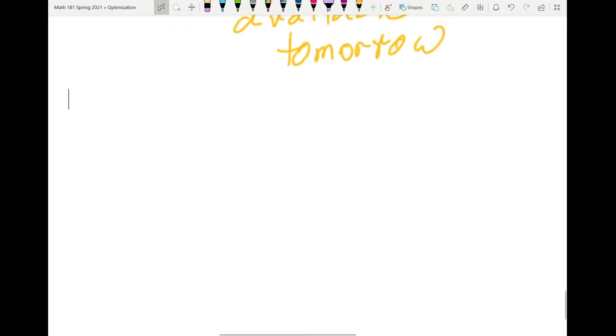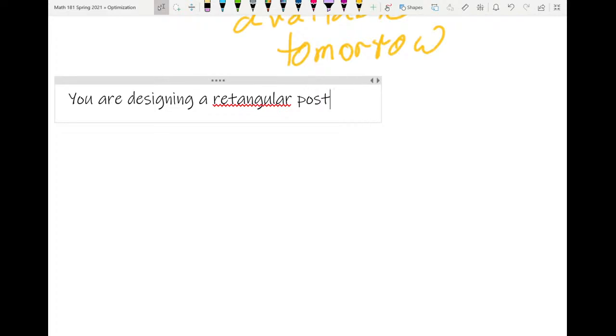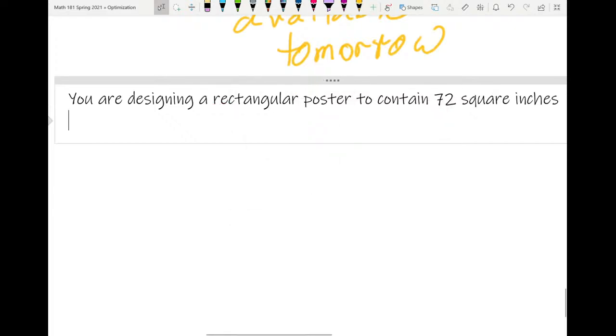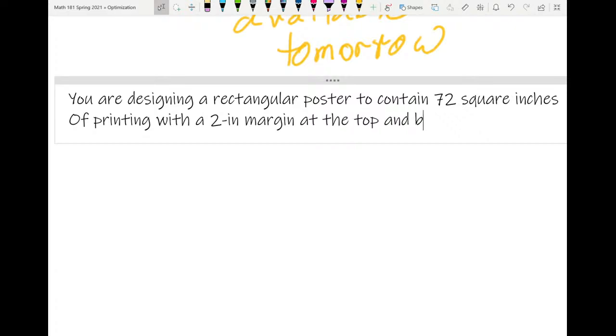All right. Let's look at the first word problem. You are designing a rectangular poster to contain 72 square inches of printing with a 2-inch margin at the top and bottom, and 1-inch margin at each side.